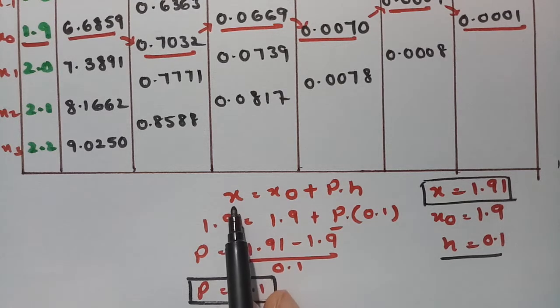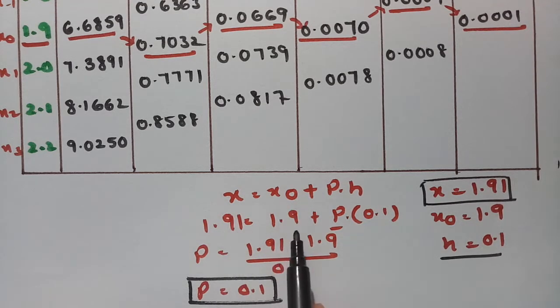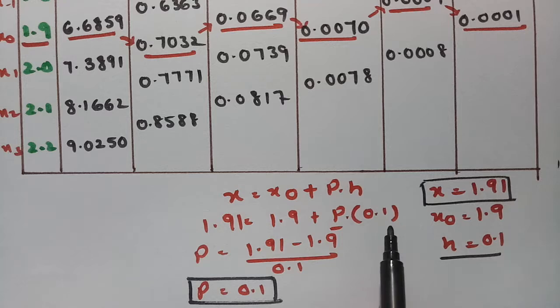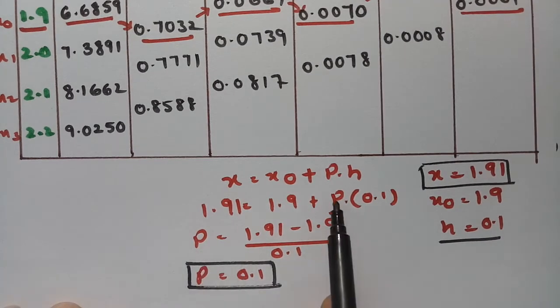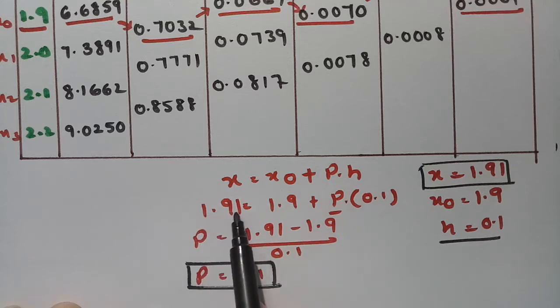If I substitute x as 1.91, x0 as 1.9, and h as 0.1, I need the value of p. P will be 1.91 minus 1.9 divided by 0.1. So the p value I got is 0.1.